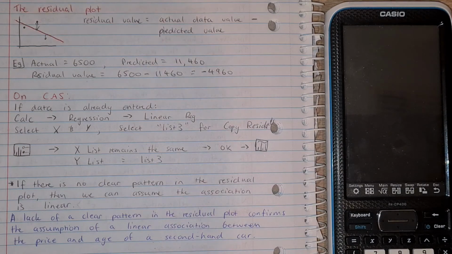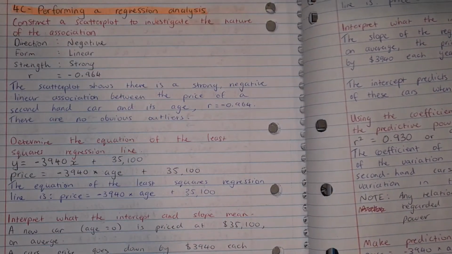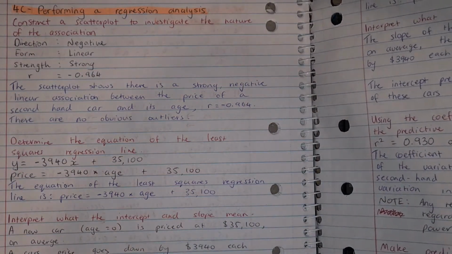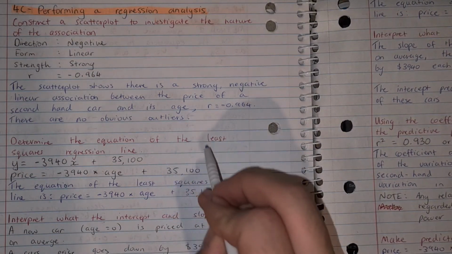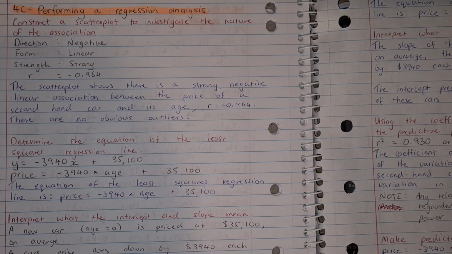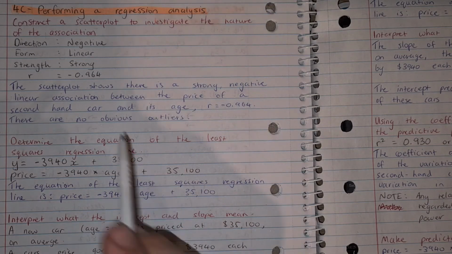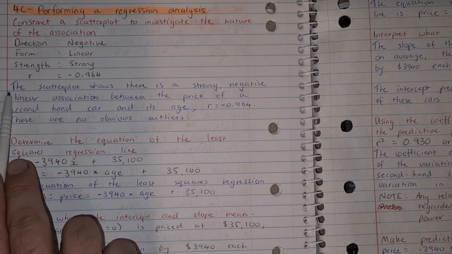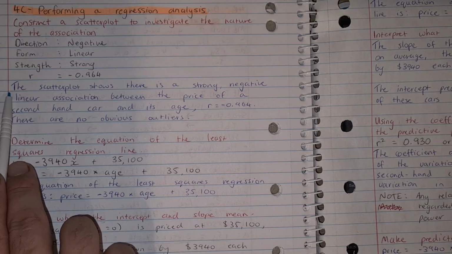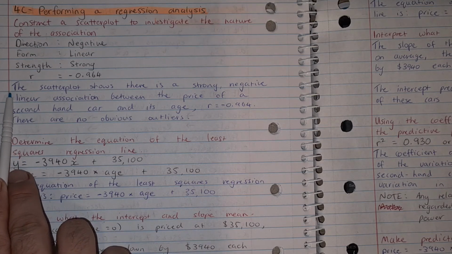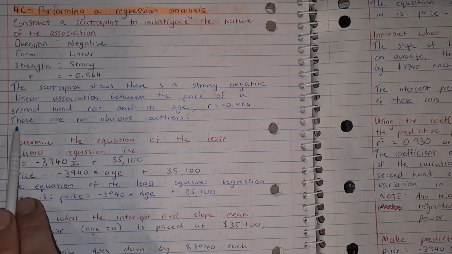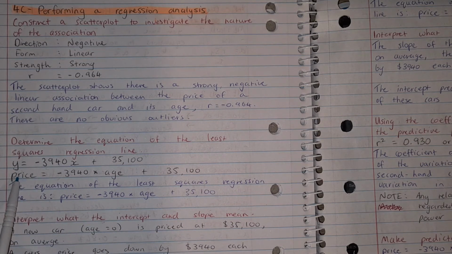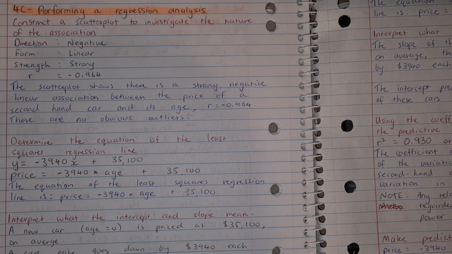Okay, now that was our last step of the regression analysis. If we go back to the start, each section that I've written in blue should be put together into a report. So the first part of the report talks about investigating the nature of the association in terms of the scatter plot. The next part talks about what the equation of the least squares regression line is.